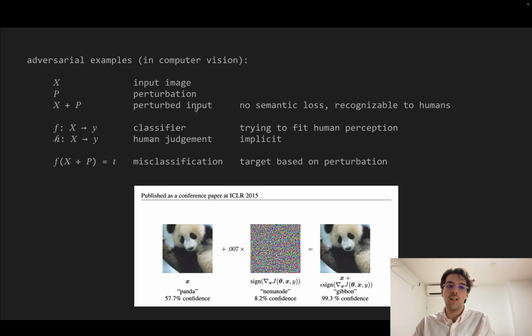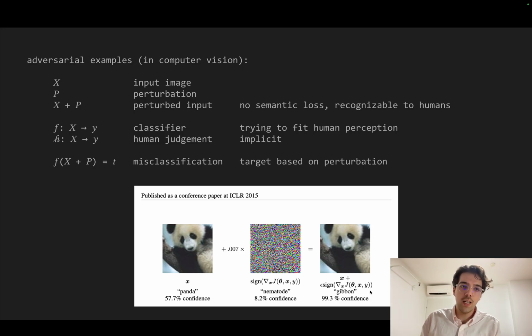So an adversary can say, okay, I know where the human judgment and the classifier are further apart, and I'll exploit that discrepancy to cause misclassifications through superstimuli, such as this noisy image. You have an input, you apply the perturbation, and although the input and output both look the same, for the perturbed input the classification has completely changed.